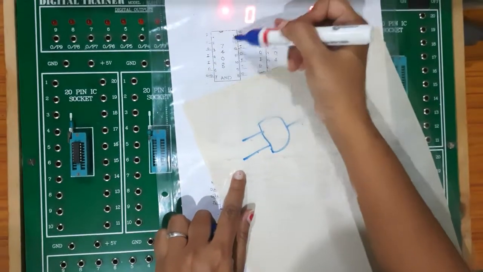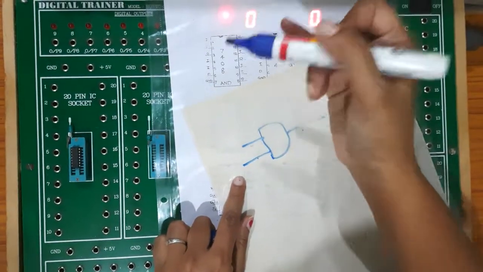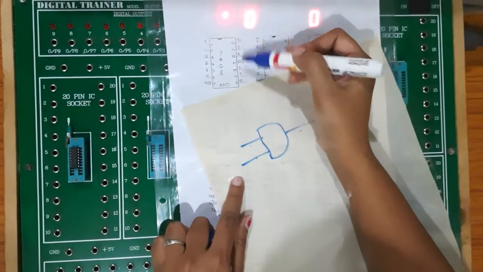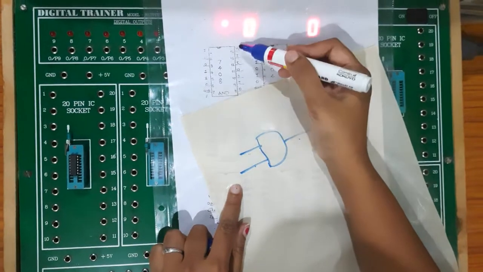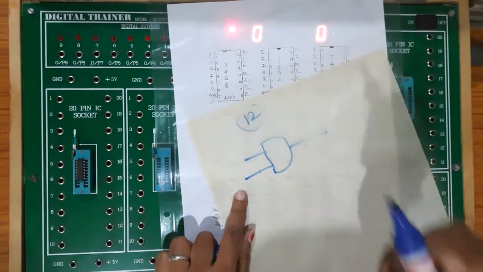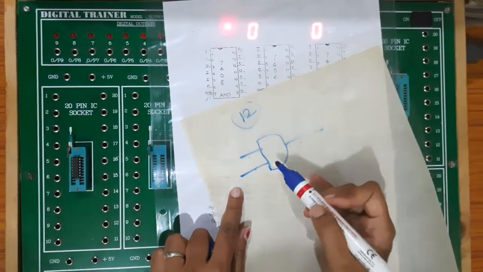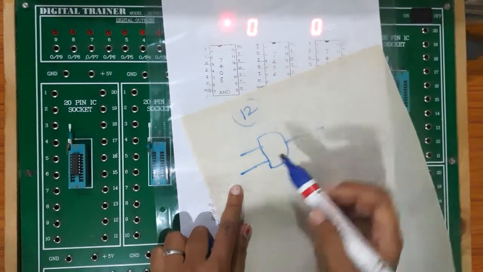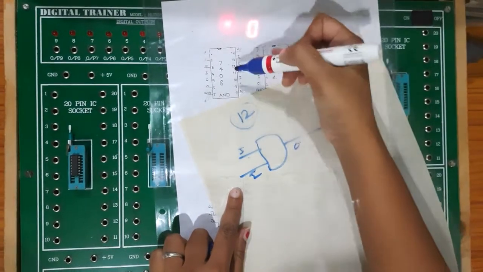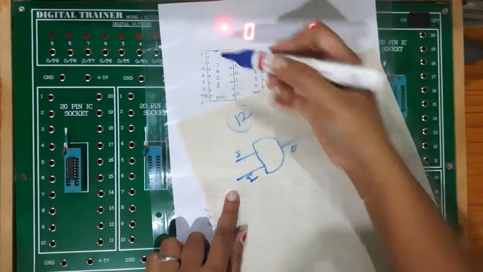Unless we connect them to ground and VCC, it won't operate. So 2 pins are subtracted: out of 14, 2 are reserved for ground and VCC, so the remaining are 12 pins for this particular IC. If I have one AND gate which needs 2 inputs and 1 output, how many AND gates can I have on this IC?